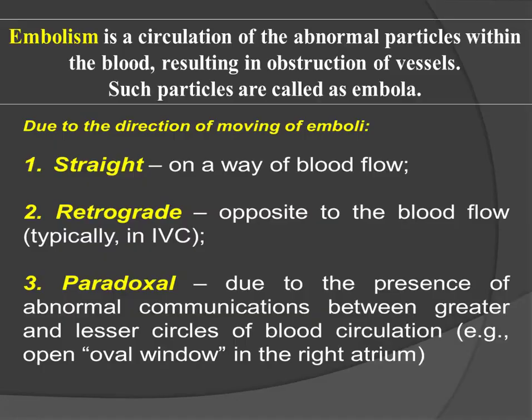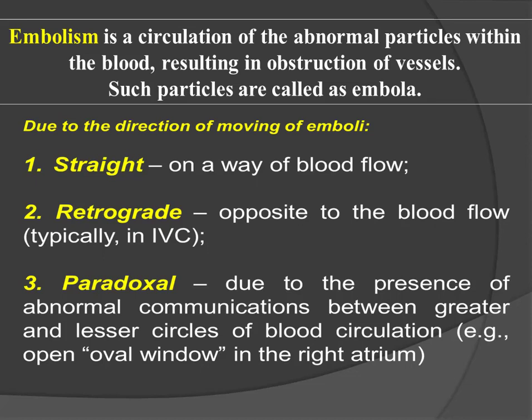Thromboembolism is a typical pathological process caused by the presence and circulation in the blood of particles, often causing the occlusion or blockage of vessels with the loss of local blood supply. These particles are known as emboli.